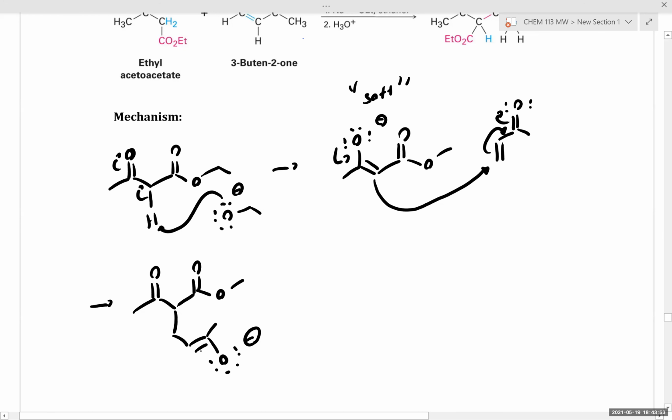Okay, so we generate our conjugate addition product, and then our conjugate addition product can be quenched with acid.